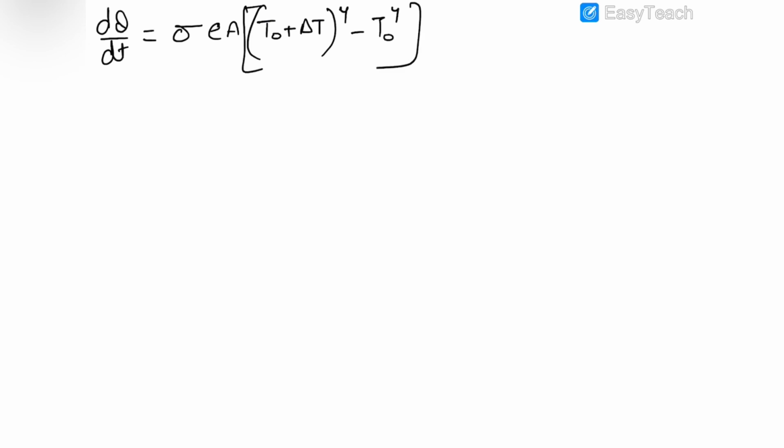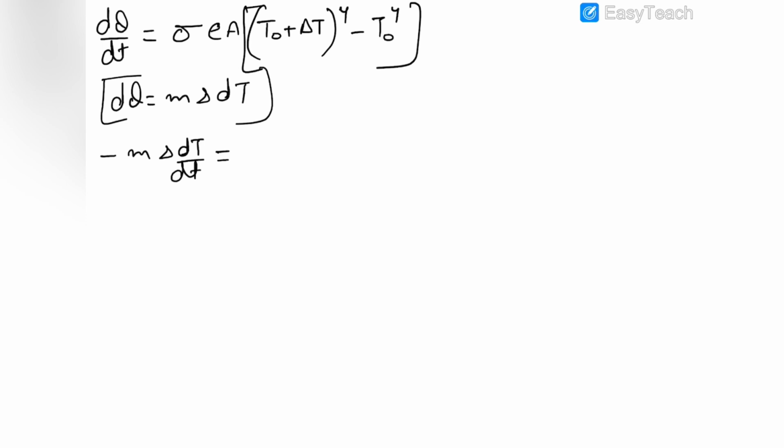Let us first write dQ as m s delta T. This m s delta T will be accompanied with a negative sign because the body is cooling down. So dT by dt will be negative, because as time is increasing, temperature is decreasing. So we can write dQ by dt as m s dT by dt.